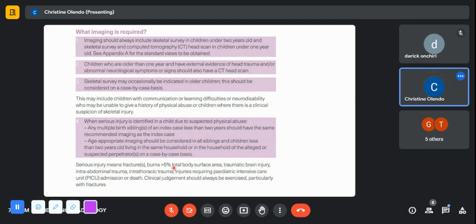A skeletal survey may occasionally be indicated in older children, on a case-by-case basis. These are patients who have learning difficulty, difficulty with communication, or any neuro disability where you suspect that there is child abuse.